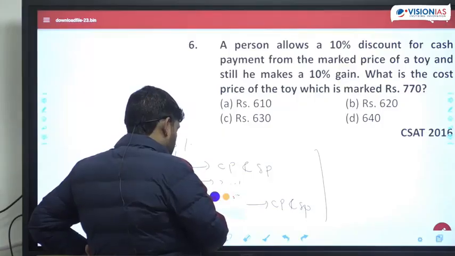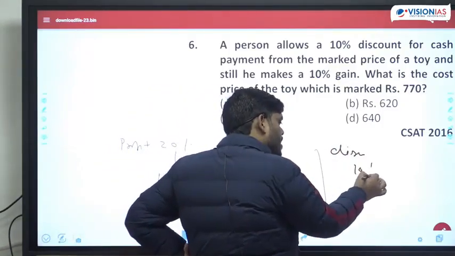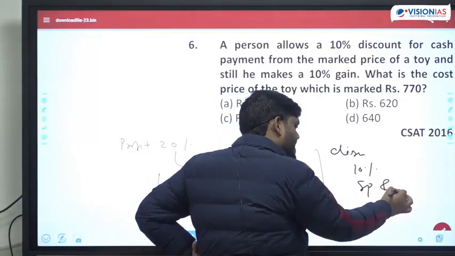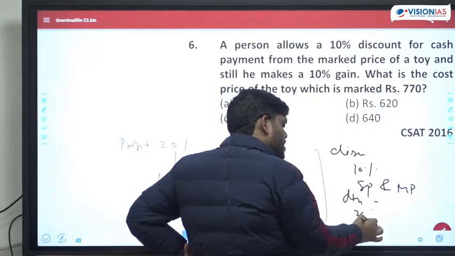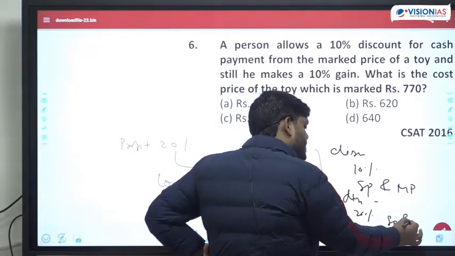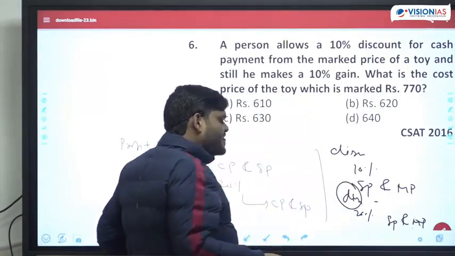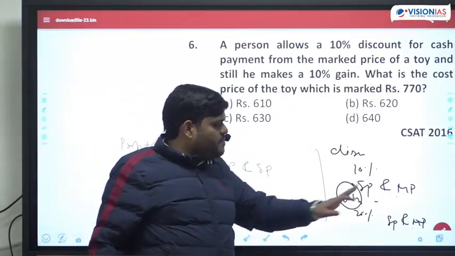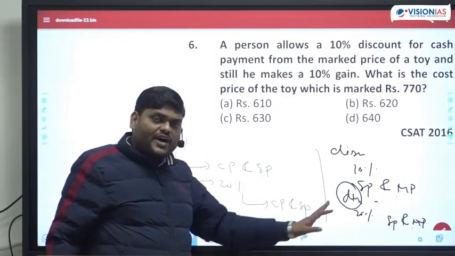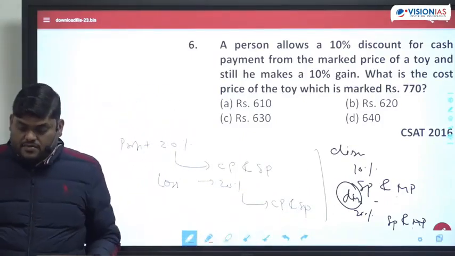If discount is 10%, find the relationship between SP and MP. If discount is 20%, find the relationship between SP and MP. With the help of discount, we cannot find the relationship between MP and CP, but yes, we can find the relationship between these two. Okay? Try to interpret these sentences.